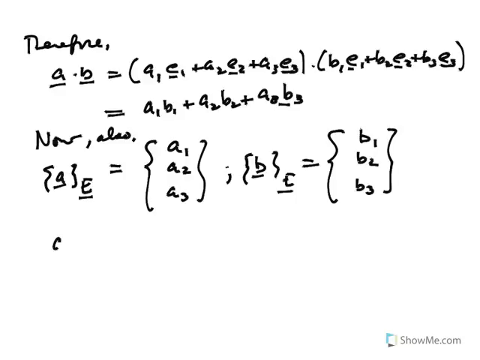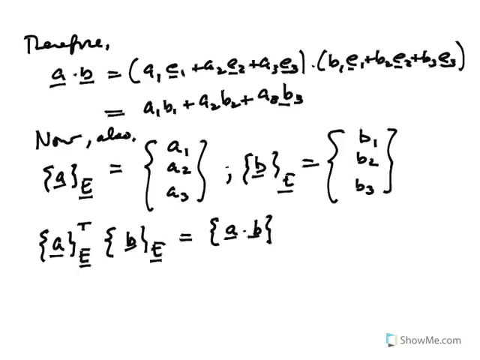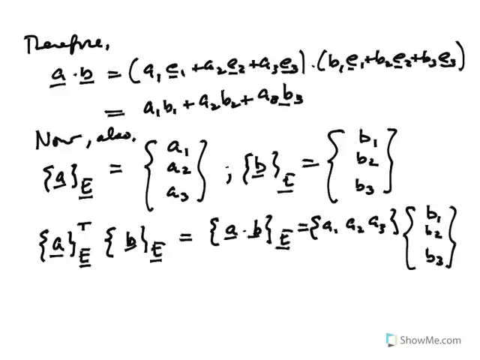And we know that A expressed in the basis E transpose times B expressed in the basis E is equal to A dotted with B expressed in the basis E, but that's equal to A1, A2, A3 times B1, B2, B3, which is equal to A1 B1 plus A2 B2 plus A3 B3.